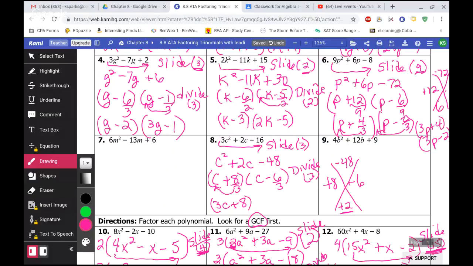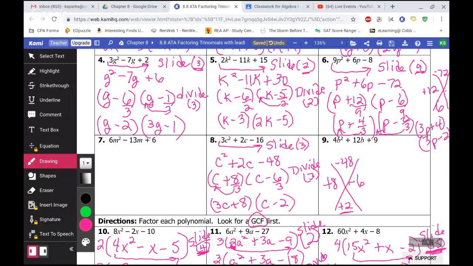If you have a chance to go back and watch the first part of Math Lab, they don't reduce perfectly. Let me finish this one for you so we don't get confused. This is going to be c minus 2 because it does divide perfectly. Okay, that's what I needed to know. Thank you. And so if it's a perfect integer, you write it. If it's not a perfect integer, you have to reduce it.